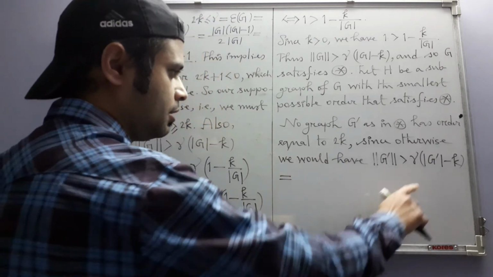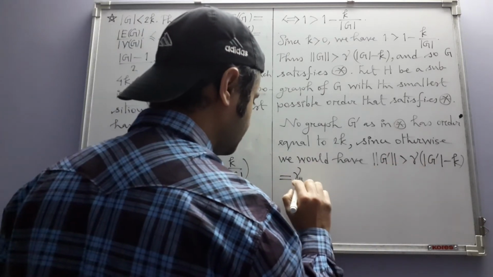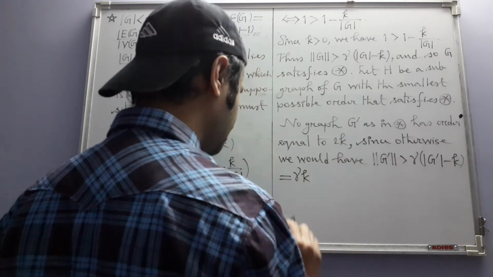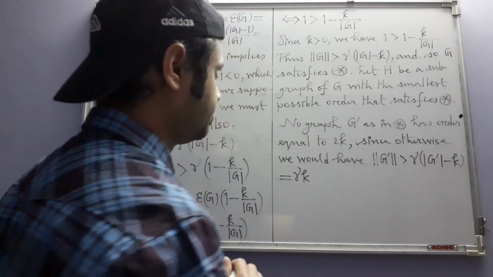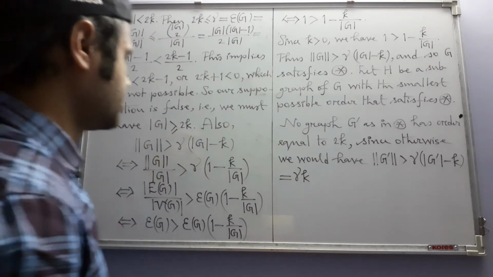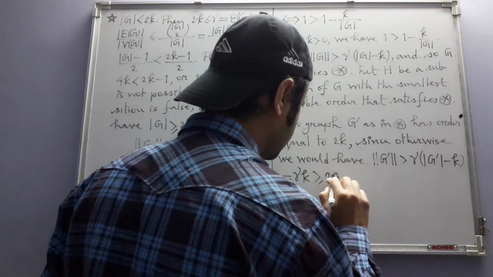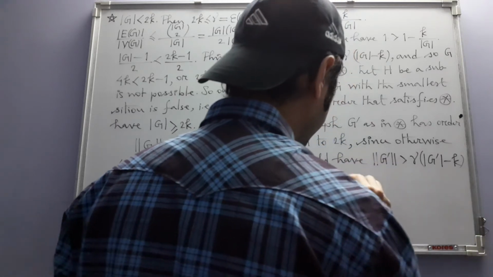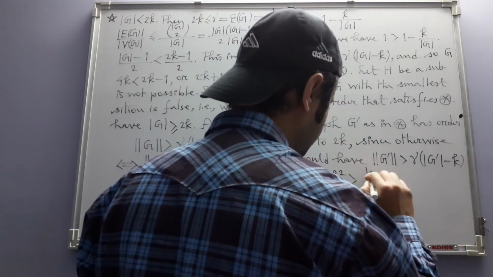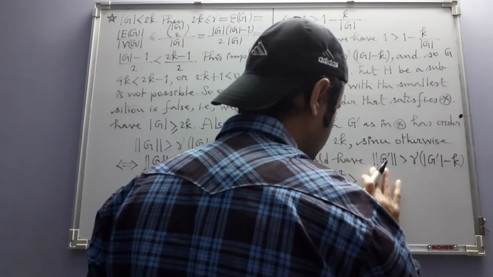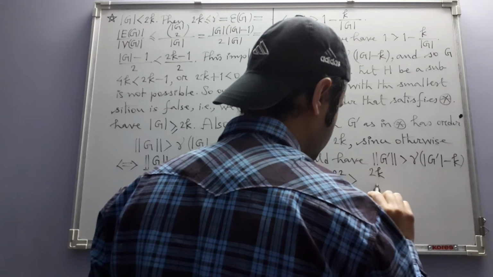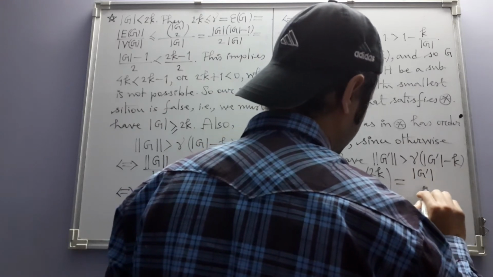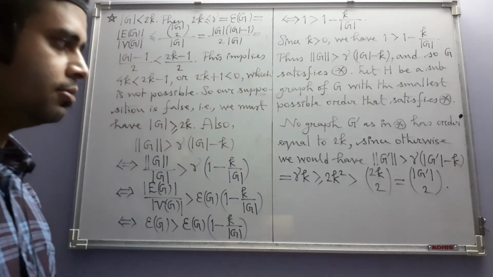If you put 2k here, you will get 2k minus k is k, so gamma k, and since gamma is greater than or equal to 2k, that is there in the beginning itself, this will be greater than or equal to 2k squared, and 2k squared turns out to be strictly greater than 2k choose 2, which is the order of G prime choose 2.